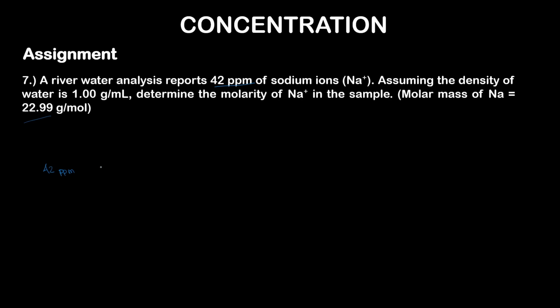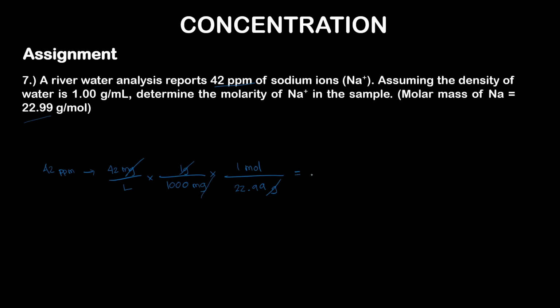That is the same thing as saying 42 milligrams per liter. Okay, this is 42 milligrams, so let's convert it to grams, and then you use the molar mass now since we have the gram. Okay, now we're good to go. So this one can cancel and we are left with mole per liter.